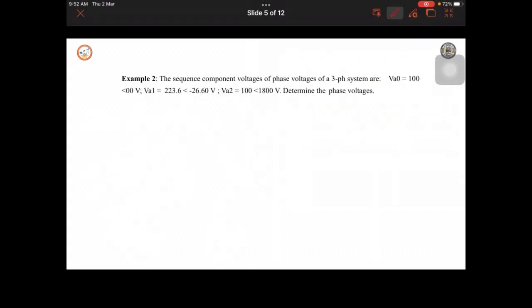Second problem. Here it is required to find the phase voltages from the sequence components of voltages of a 3-phase system. Here VA0, VA1, VA2 are given. It is required to determine the phase voltages VA, VB, VC.